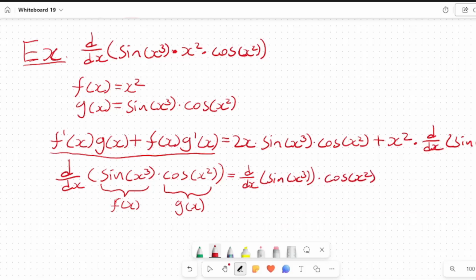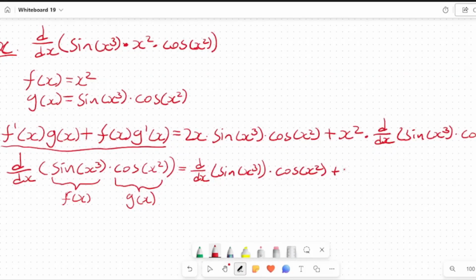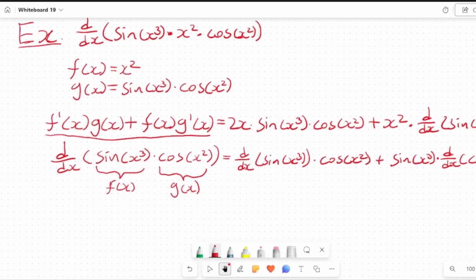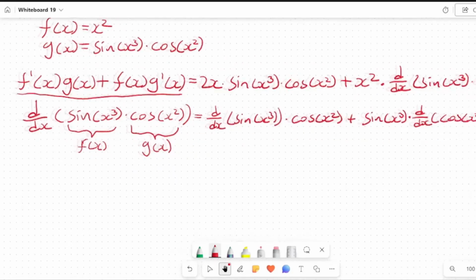And then we add that on by sine of x cubed multiplied by the derivative of g of x. So that's going to be the derivative of cosine of x squared. Perfect. Okay, so the derivative of sine of x cubed, we can just use the power rule.